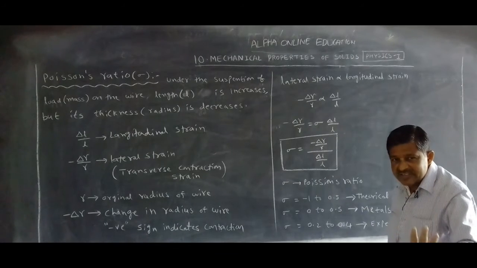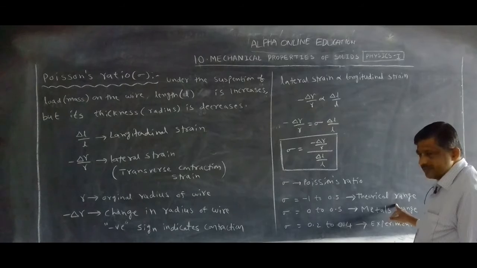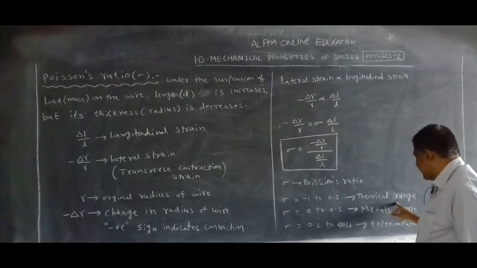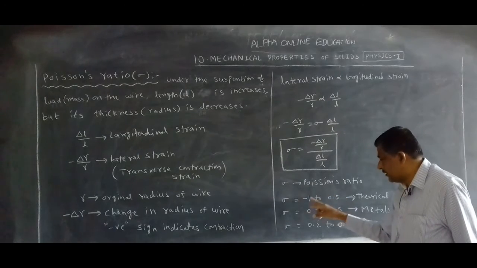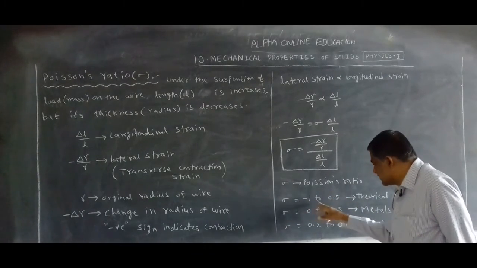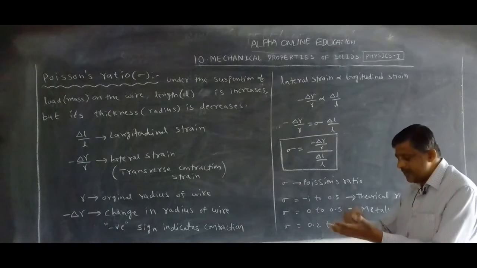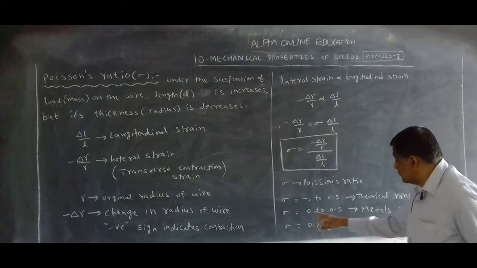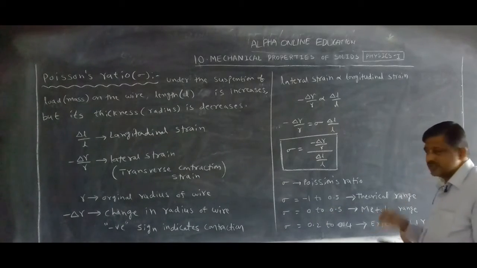Now, this Poisson's ratio has a range. Theoretical range means mathematical range. The range of Poisson's ratio is between minus 1 to 0.5. Minus 1 to 0.5 is the theoretical range, by the mathematical. 0 to 0.5 is the range for metals.